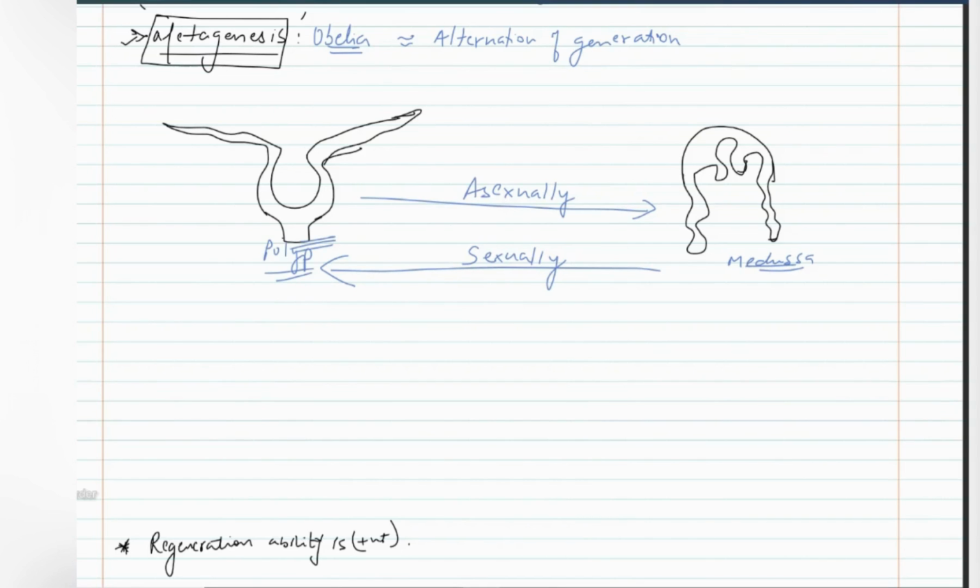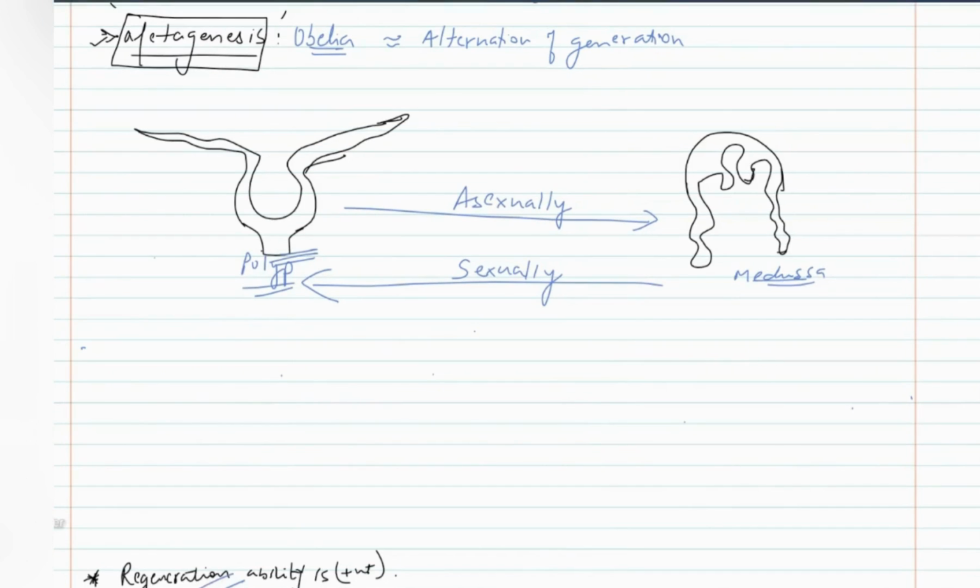Now how does metagenesis take place? Medusa, which is the sexually reproducing form, will produce gametes. Gametes will fuse to form zygote. Zygote will develop into larva and larva will finally develop into polyp. Now polyp reproduces by asexual reproduction and forms colonies.